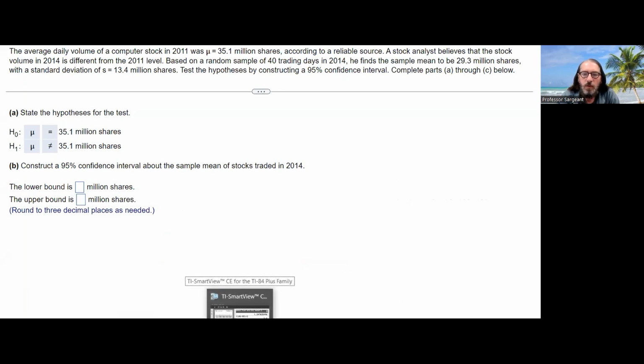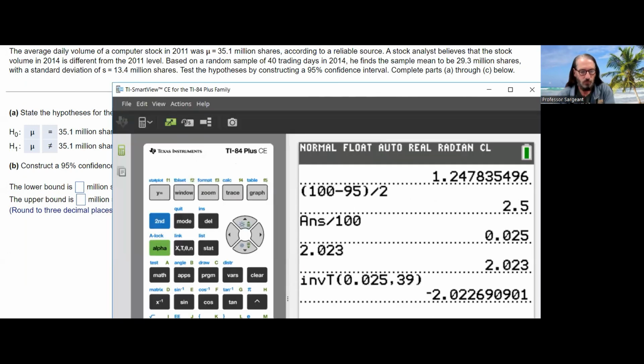Your formula is to take X bar plus or minus the margin of error. X bar was the 29.3, the sample mean. Minus for the lower bound. We would multiply to get the margin of error, multiply the critical value times the sample standard deviation over square root of n.